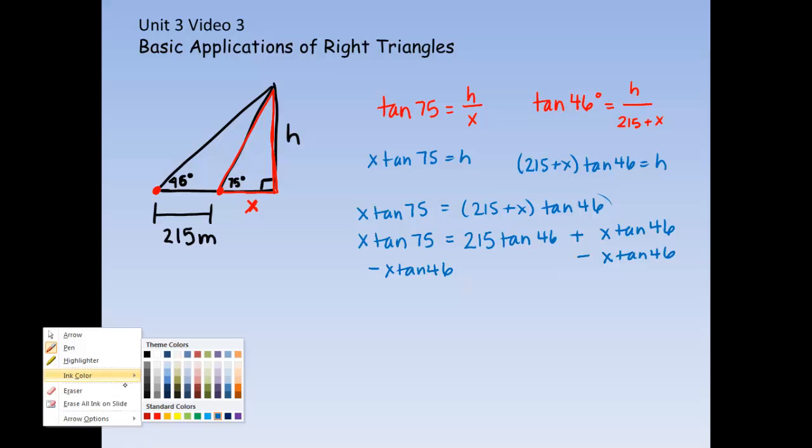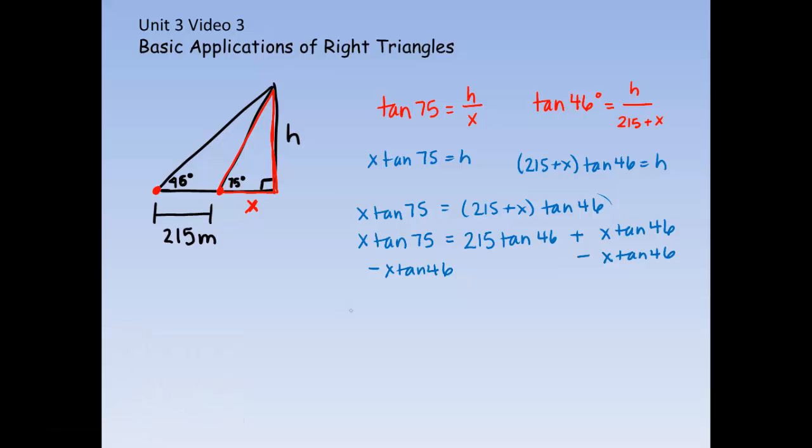Changing pens again so you can see my next step. I'm going to have x times the tangent of 75 minus x times the tangent of 46 to equal 215 tangent of 46.